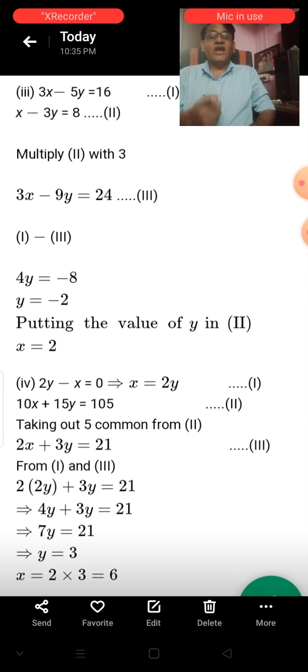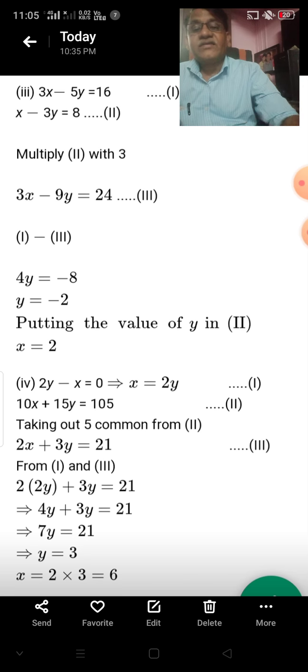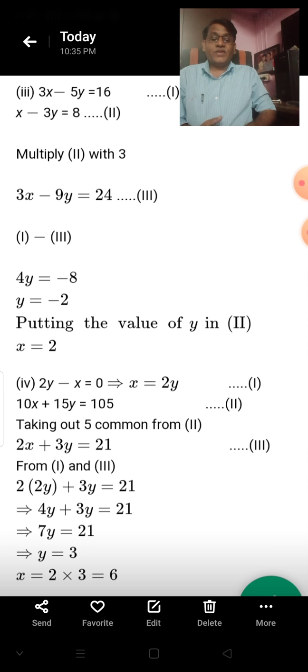When you subtract equation 3 from 1, the variable x is cancelled, and you only get 4y = -8, so y = -2. Again, putting the value of y in equation 2, you get the value of x is equal to 2. In this way you can find the values of x and y.